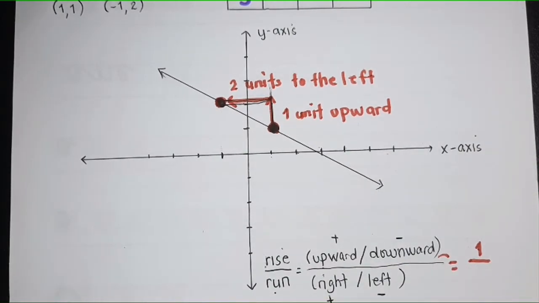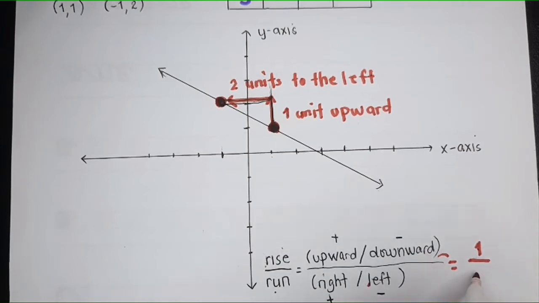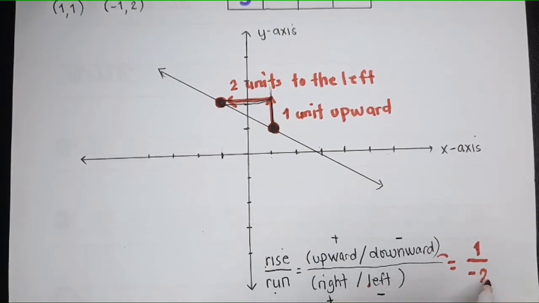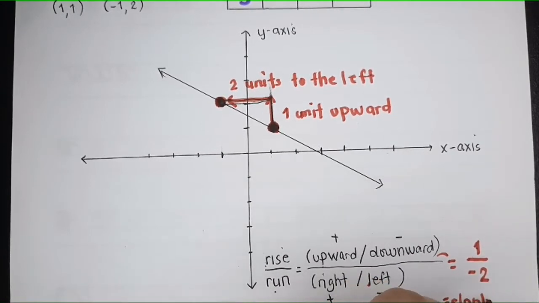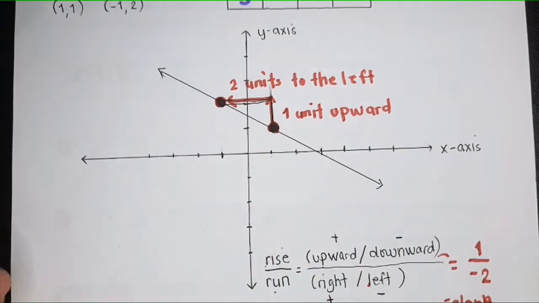Right? And then, it moves 2 units to the left. So, you have negative 2. Okay? Actually, merong term para dito. Ito yung tinatawag na slope. This is the slope of the given line.